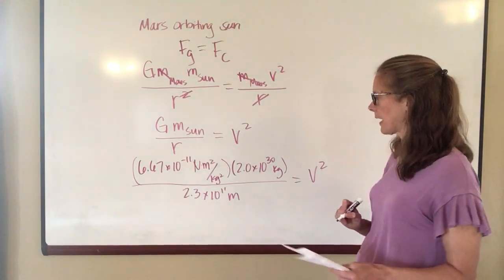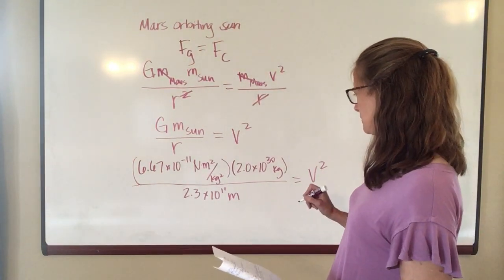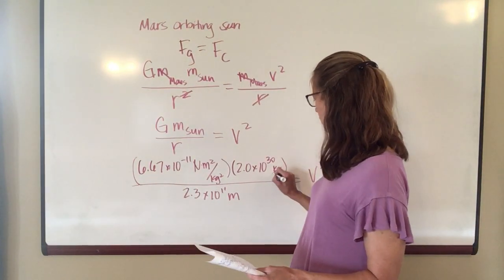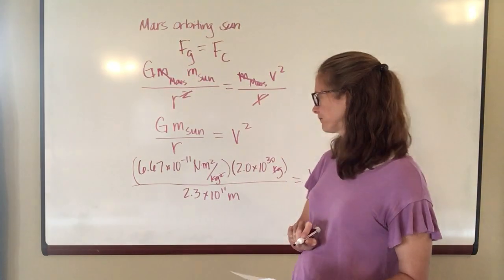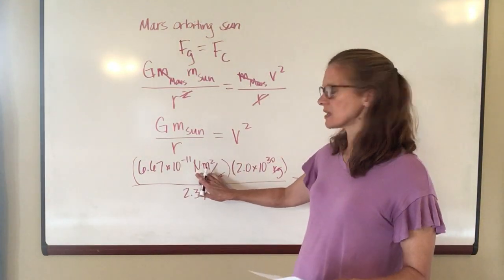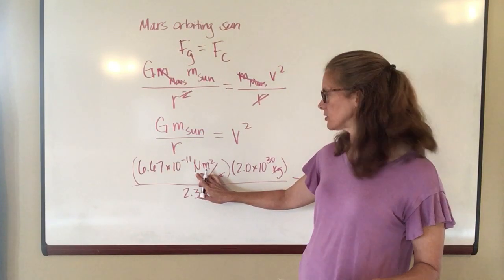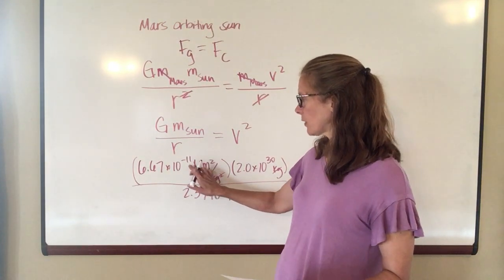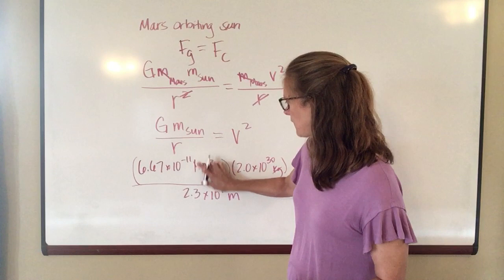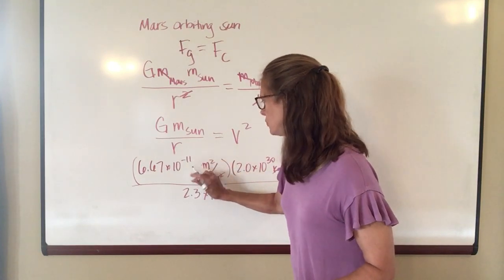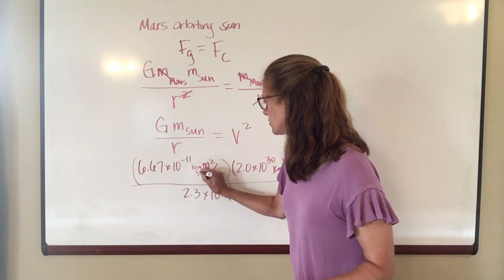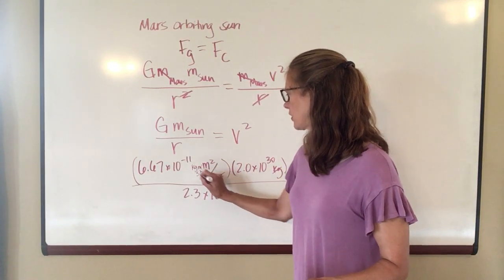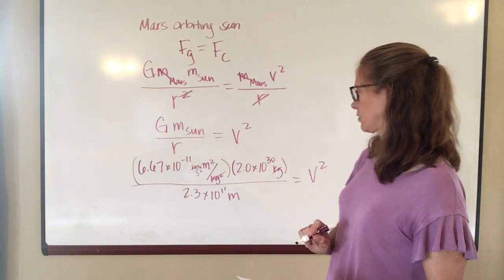So let's look at my units here. This kilogram is going to cancel with one of these kilograms down here. A Newton is a kilogram meter per second squared. So if I take out this Newton and make it a kilogram meter per second squared, then this kilogram is going to cancel with that kilogram.